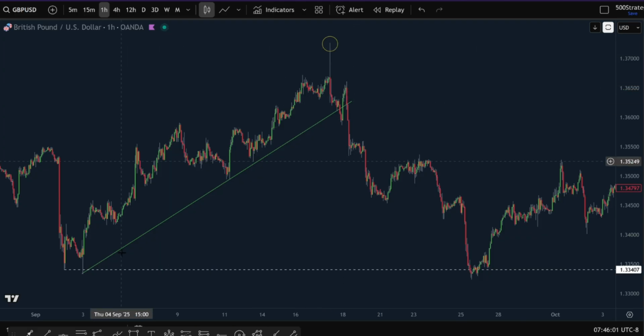If you're here at this moment and you see a beginning of a reversal, you will want to look for a short opportunity. So how do you spot the fact that this is about to be a reversal of a trend? Well, you need to look at a few elements. Number one, we are reaching here a first top, and then we have a second attempt at the same level.